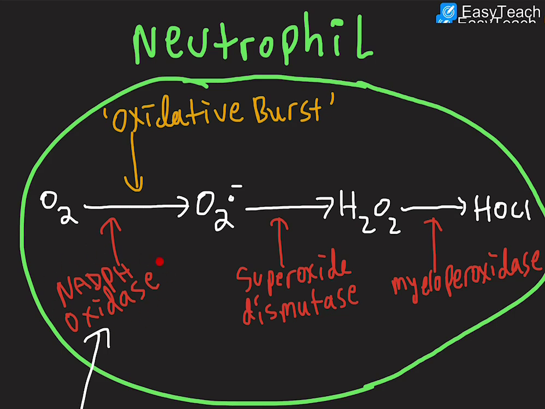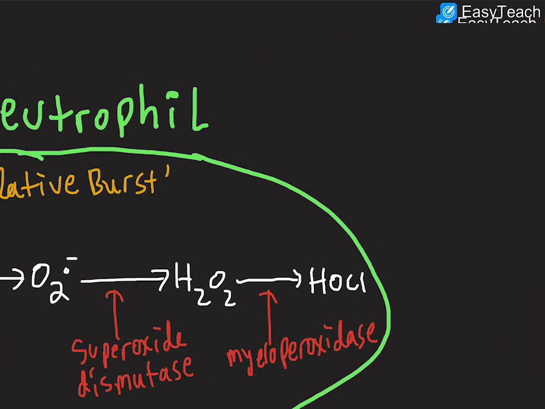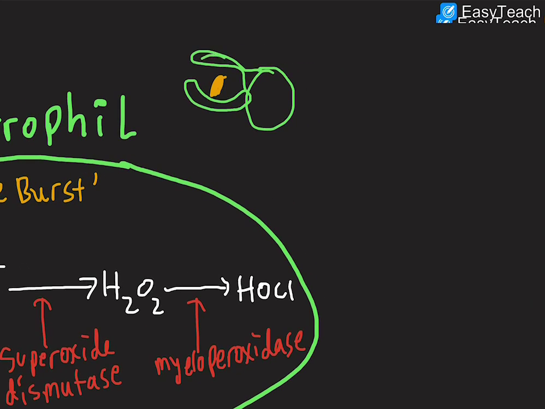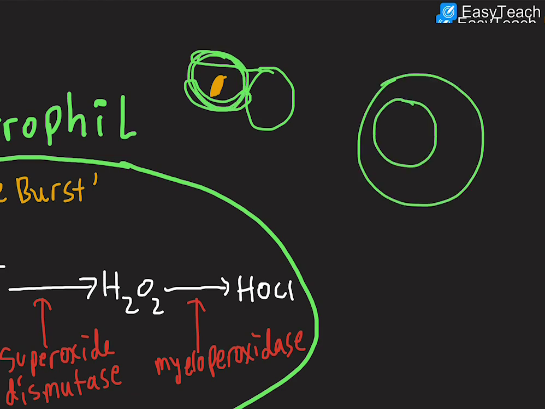Now, this enzyme, NADPH oxidase, is actually on the membrane of the phagosome. So remember, if there's a pathogen out here and your neutrophil sees it, it's going to try to phagocytose this pathogen, and it's going to take it in and form a phagosome inside it. So we're going to have our neutrophil, phagosome, and then pathogen.